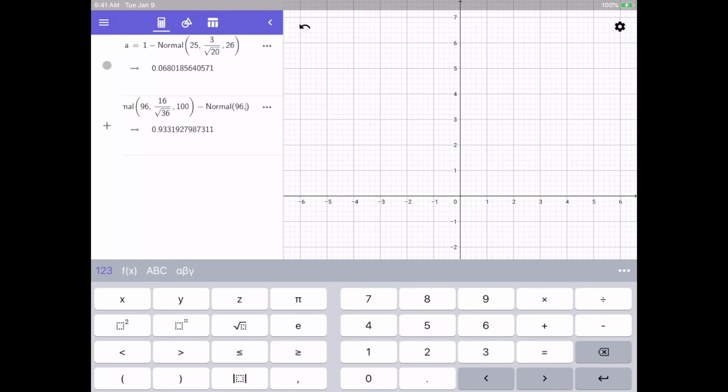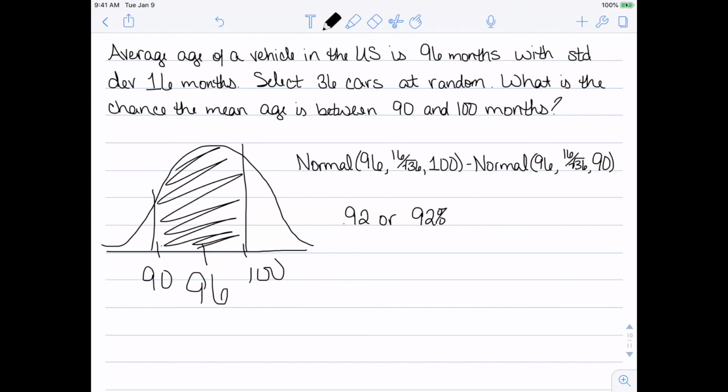The mean is still 96. Standard deviation is still 16 divided by the square root of 36. And this time my value is 90. So we get about 0.92, or 92% chance that the mean age is between 90 and 100 months.